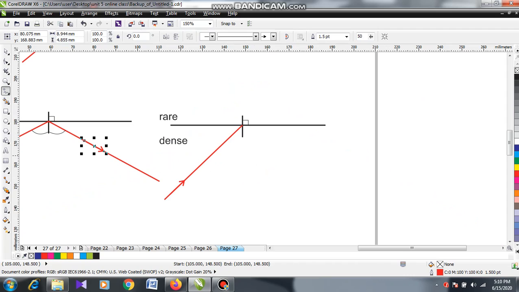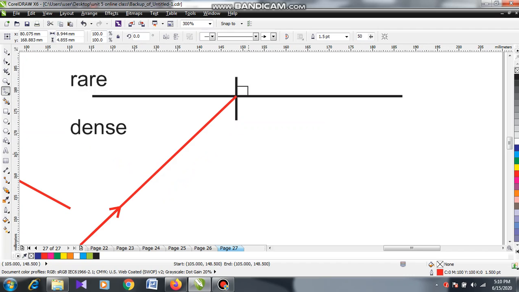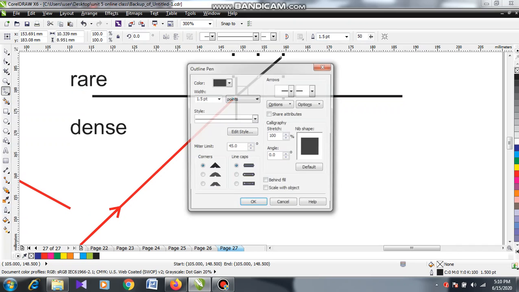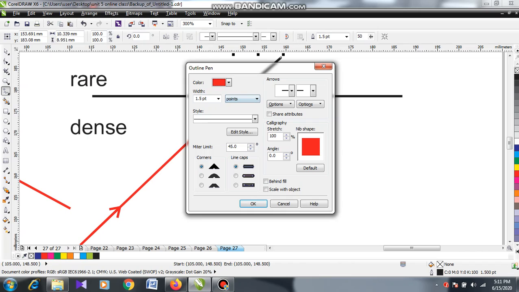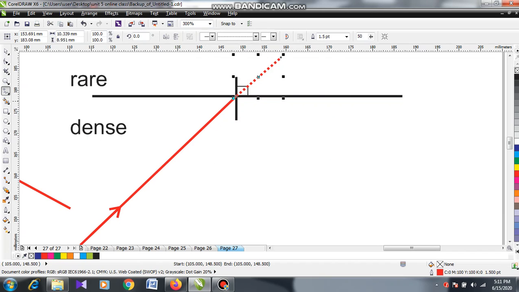On this side, I have drawn a diagram, the same two media, dense medium and rare medium, but this time I have drawn an angle less than the critical angle. If it is less than the critical angle, it will get refracted.